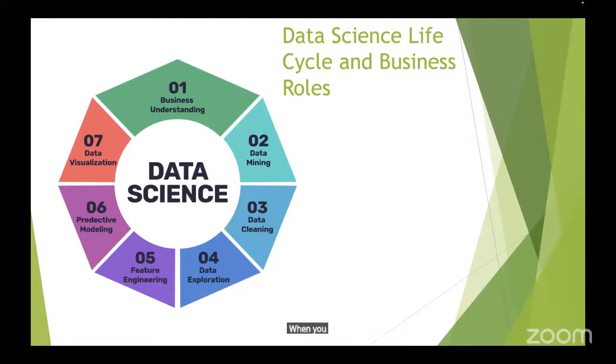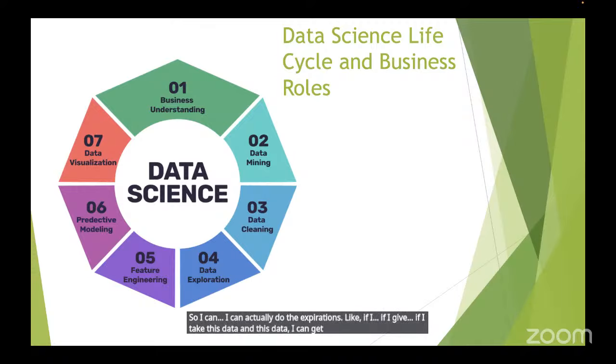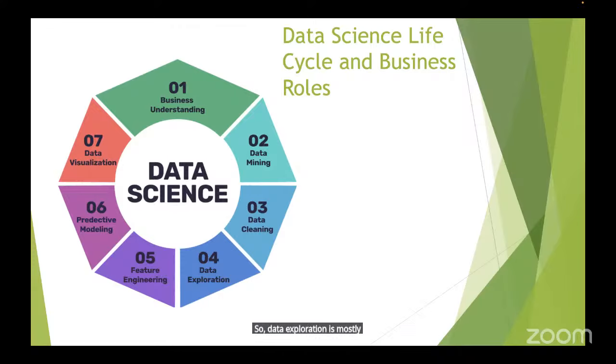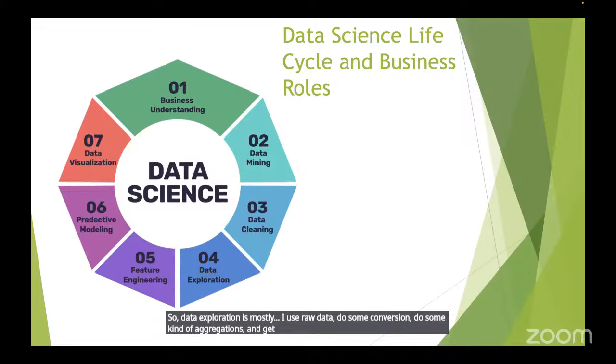When you say data exploration, I've got this data. I can do multiple combinations of certain data to get some output. Like if I take this data and this data, I can get one new data. It's a kind of data formation. So data exploration is mostly using raw data, doing some conversion and some aggregations, and getting new data from that.